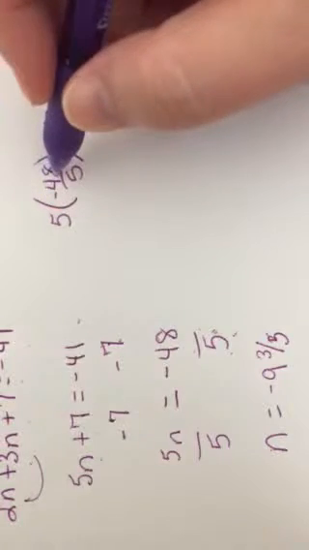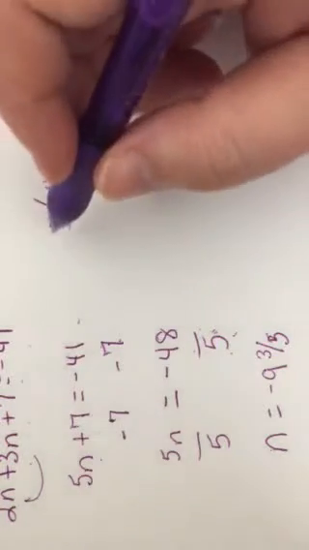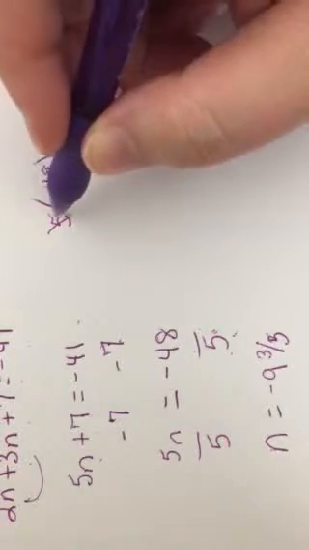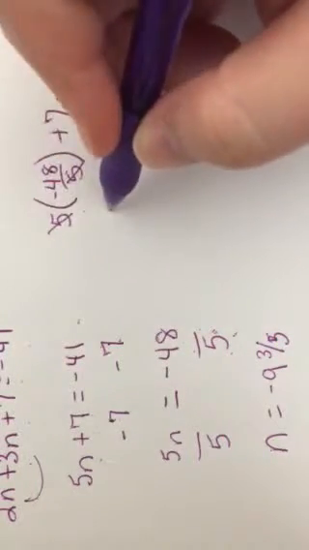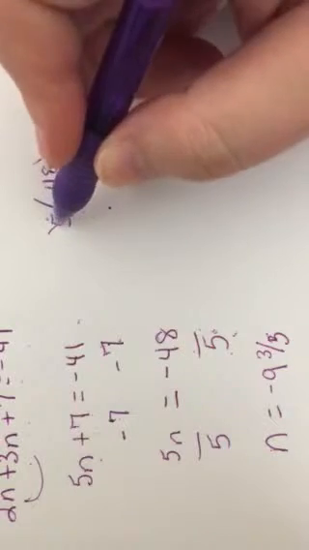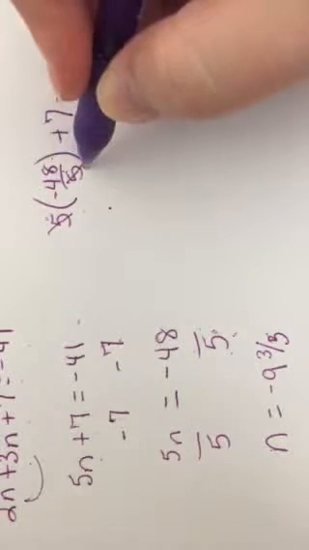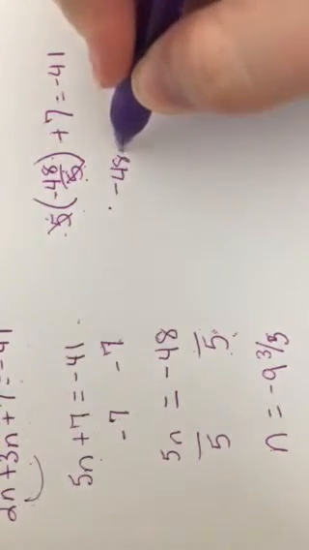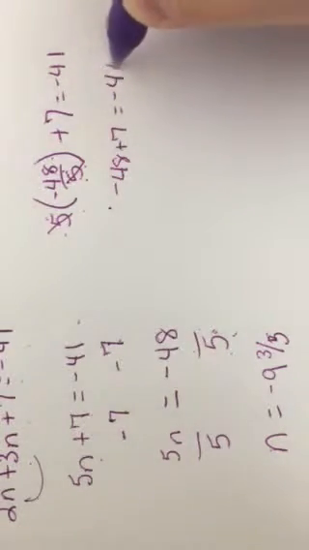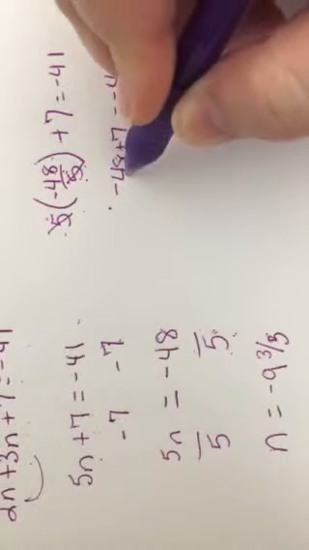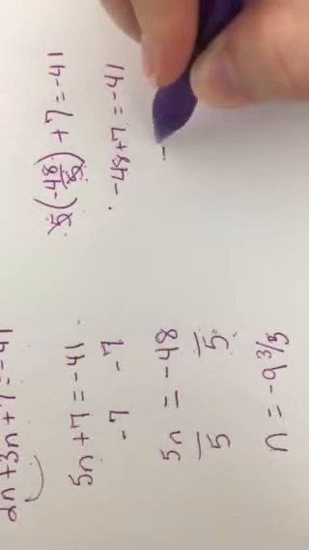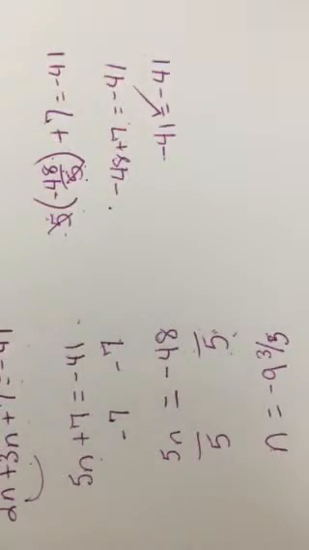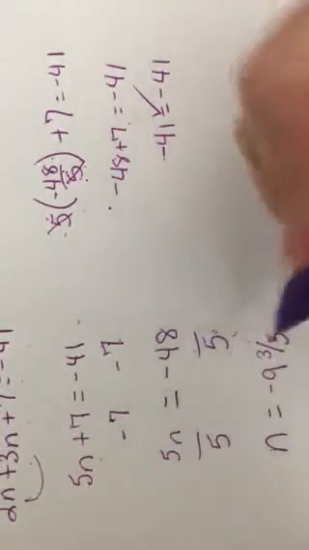If I do 5 times this, I'm actually going to be able to eliminate this 5 and this 5, because it's almost like I have 5 over 5, which is 1. So 5 times negative 48/5 eliminates your 5s. You're left with negative 48 plus 7 equals negative 41. If you do negative 48 plus 7, that leaves you with negative 41 equals negative 41. Check, that works. So we did our math correctly.